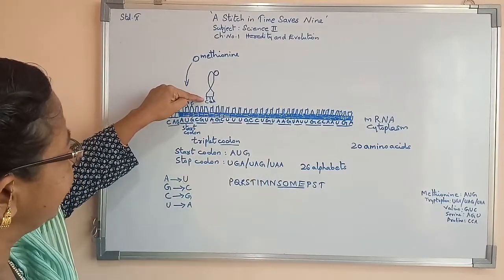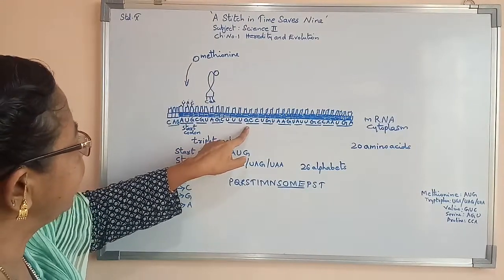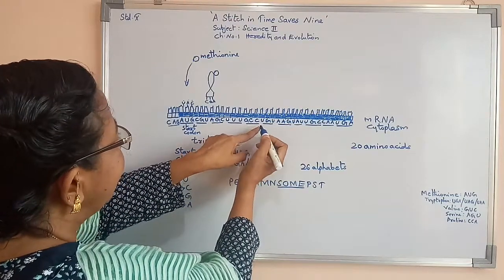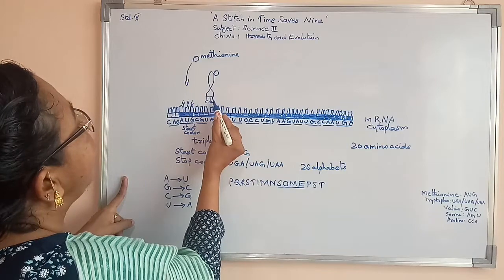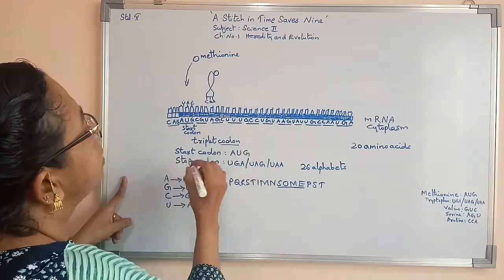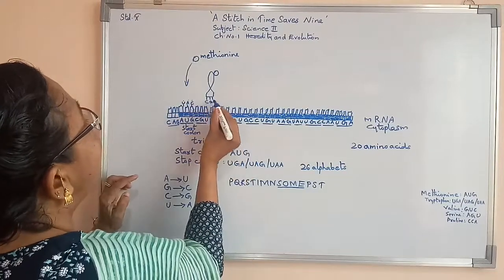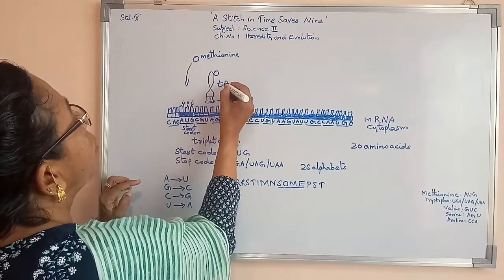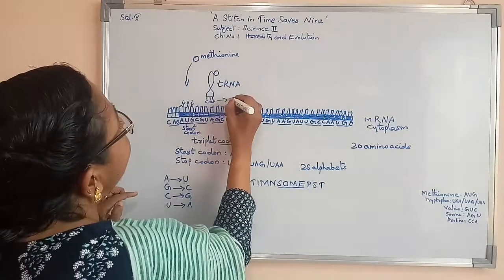Where C is there, G should be there at the start. Here G is there, for that C is there. Then here C again is there, but here A is there, that means U should be there. So for this suitable codon, this is the anticodon. Transfer RNA brings the anticodon.